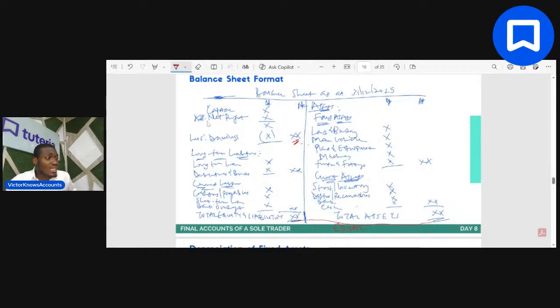If it does not balance, then it means that something is wrong. You must have made a mistake somewhere, whether in your addition here or from your trial balance. Normally, if you do everything correctly, your capital plus liability must be equal to assets. It's the accounting equation.